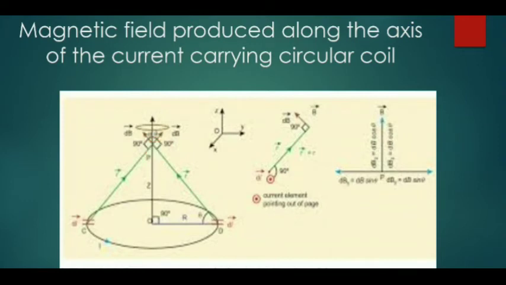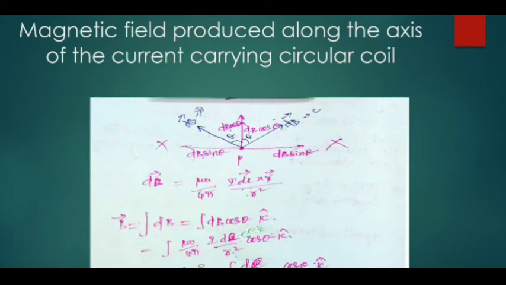At that point P, I'm dividing into two components. The sine component acts horizontally, and the cos theta component acts along the axis of the coil. This component makes angle d theta, and here also theta.